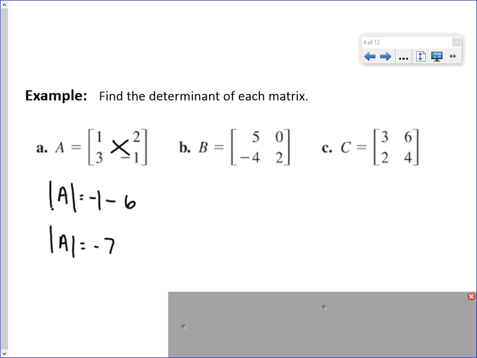And as you're getting your answers, check with your table groups and see if you're getting the same thing. We'll see if we can calculate those determinants correctly.